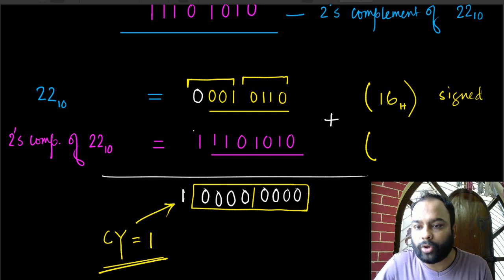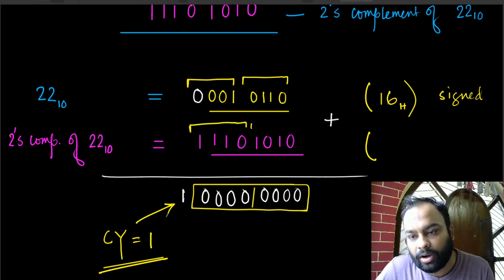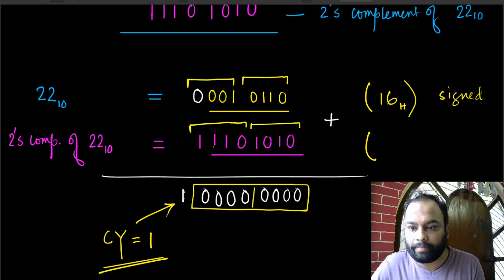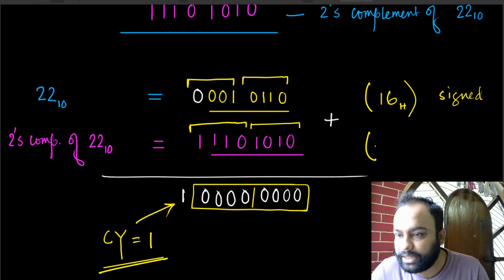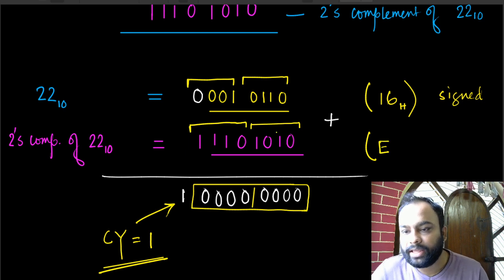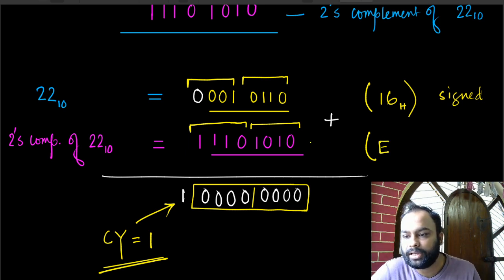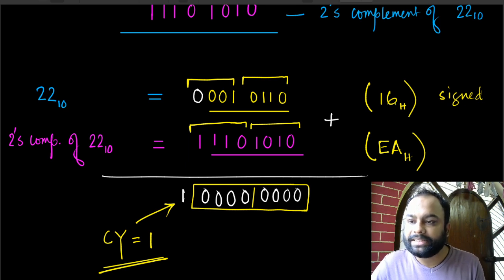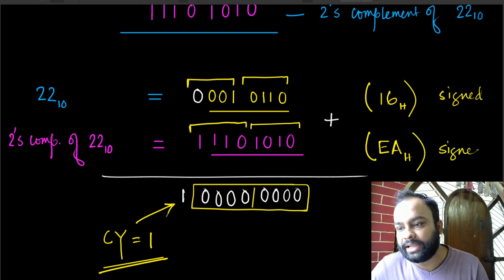Whenever we are talking about signed integers, we have to take 4 and 4, so hexadecimal again. This is 8, 9, 10, 11, 12, 13, so that's E, and this is 8, 9, 10, A. If these were not signed integers, they would be treated as unsigned integers and this would be EA hexadecimal. Now, this is again a signed integer.